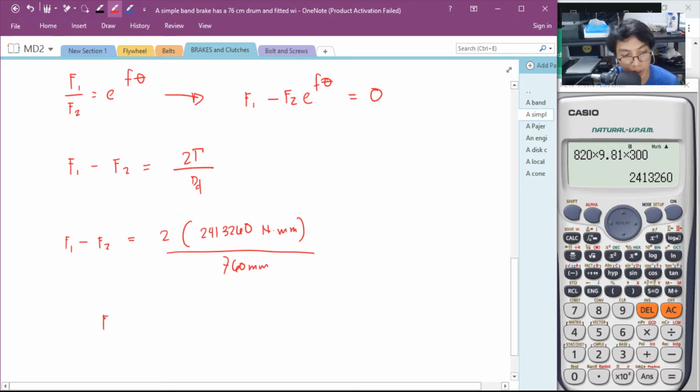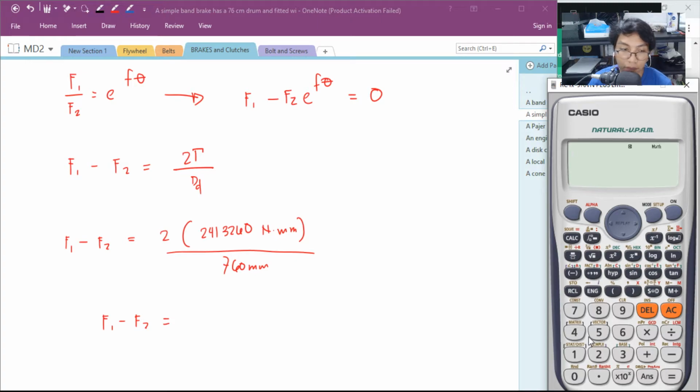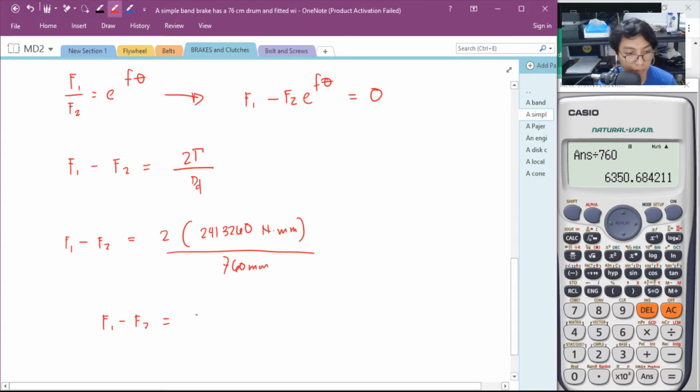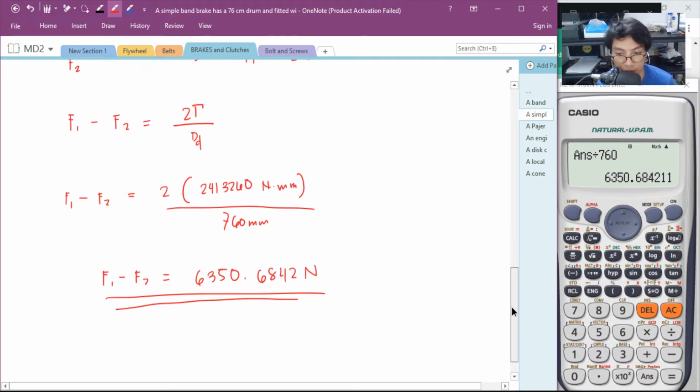So, F1 minus F2 is equal to 2 multiplied by 2413260 divided by 760. The answer is 6350.6842 newtons. That is F1 minus F2.